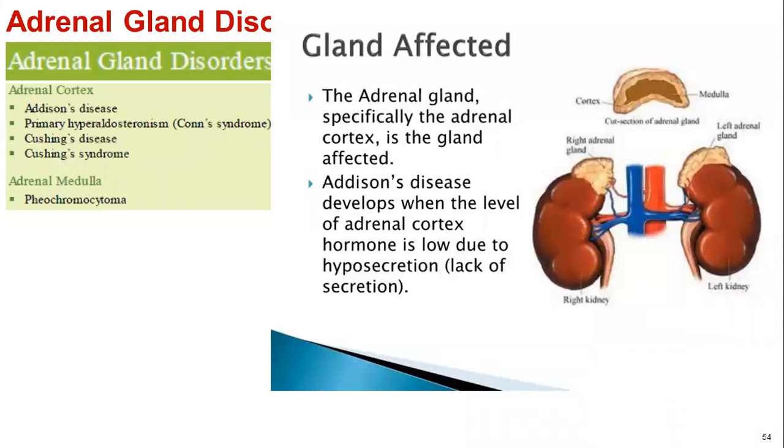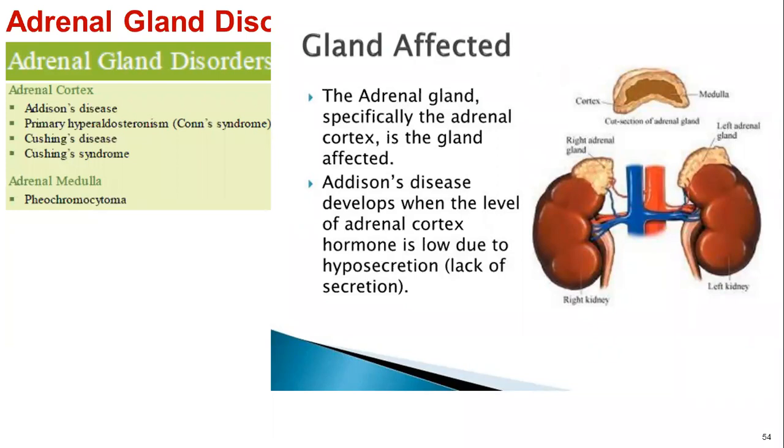So when the secretion is decreased, it is Addison. The spelling of Addison is A double D, I, S, O, N. D stands for down. There are two Ds, and D stands for down.